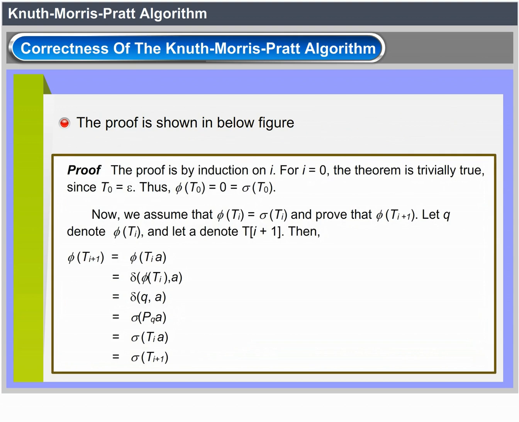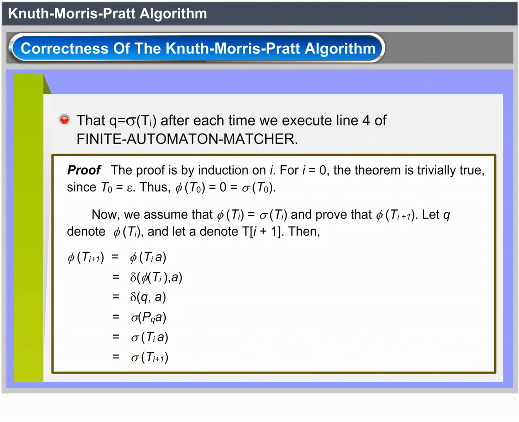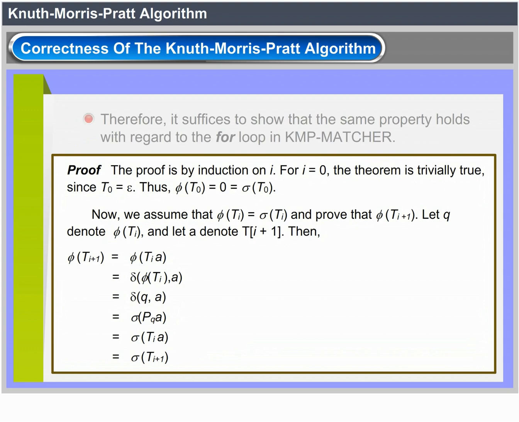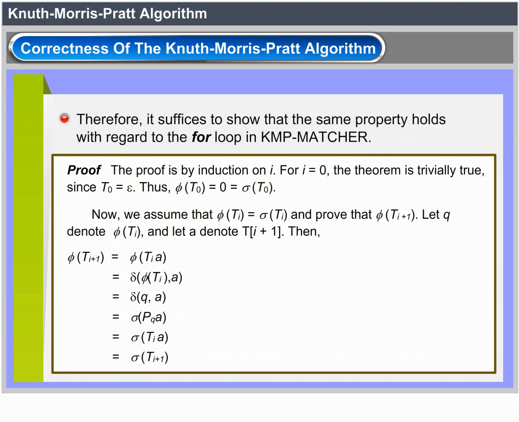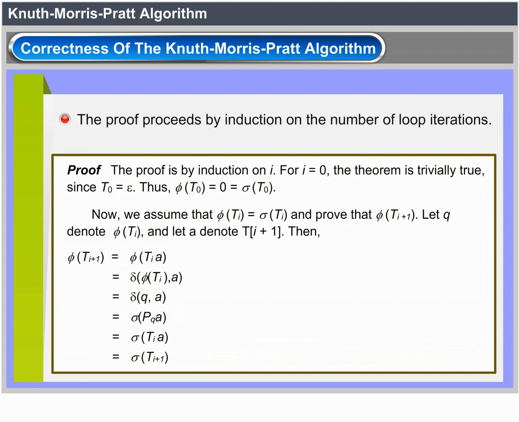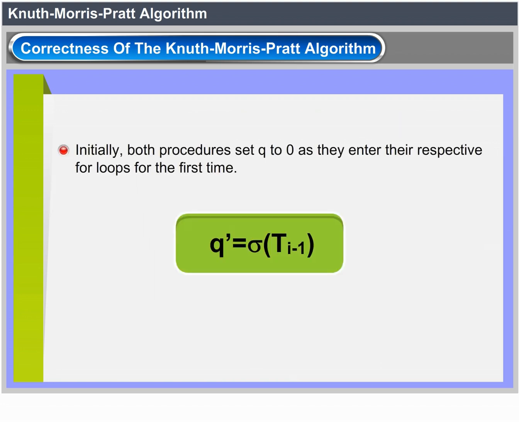q equals σ(Ti) after each time we execute line 4 of finite automaton matcher. Therefore, it suffices to show that the same property holds with regard to the for loop in KMP matcher. The proof proceeds by induction on the number of loop iterations. Initially, both procedures set q to 0 as they enter their respective for loops for the first time.